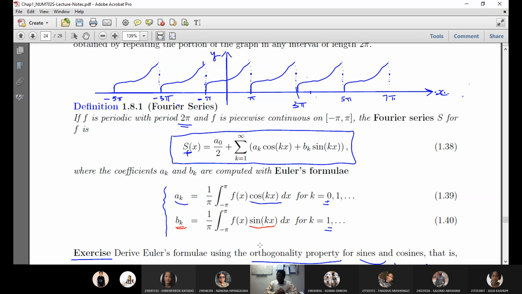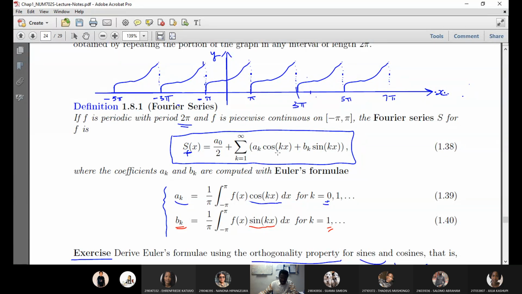Okay, now if you look at the formula, what do you realize? If you look at the factor of AK here in formula 138, this box formula, you can see that AK is the factor of cosine. So similarly, AK will also depend on the same cosine.